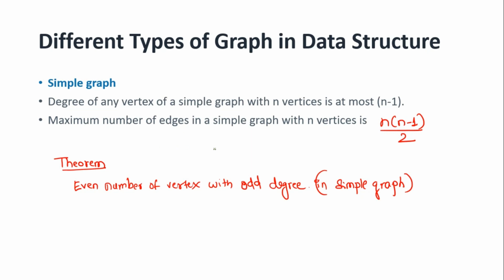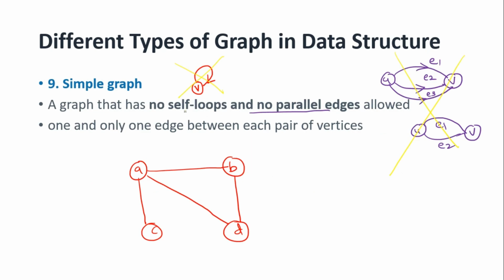And the maximum number of edges in a simple graph for n vertices will be n into n minus 1 divided by 2. We have just learned what a simple graph is. A simple graph is a graph in which there doesn't exist any self loop and there doesn't exist any parallel edges.